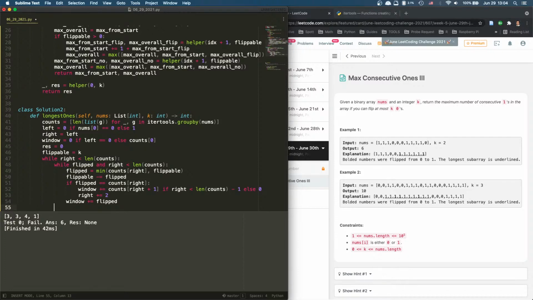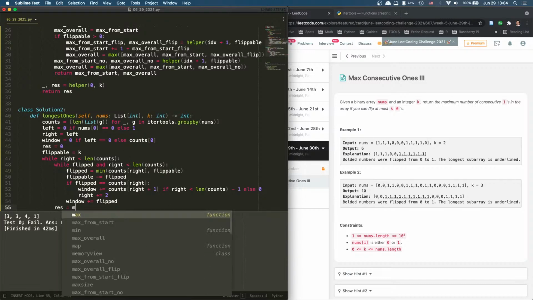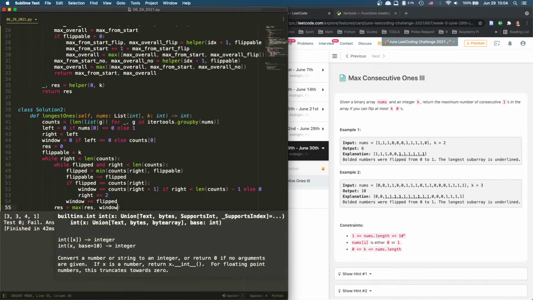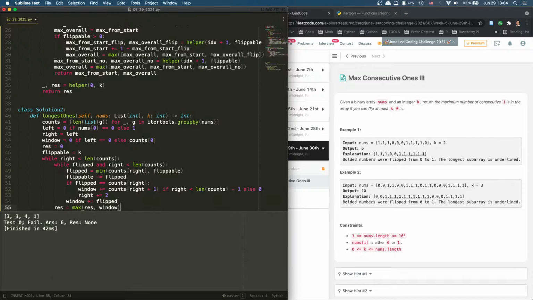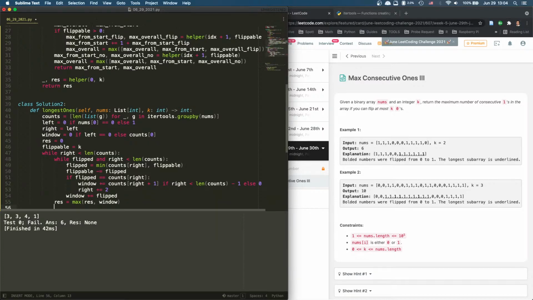Once we're done, we're gonna say res equal to max of res and window. We'll update res, and then what?